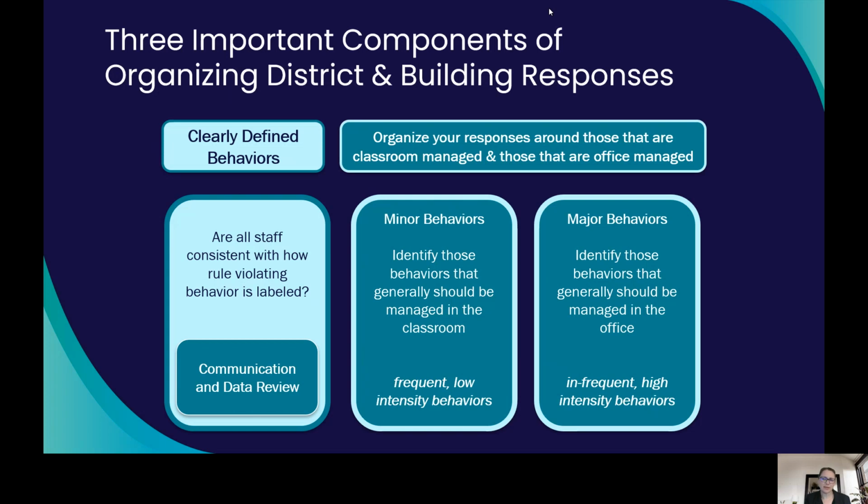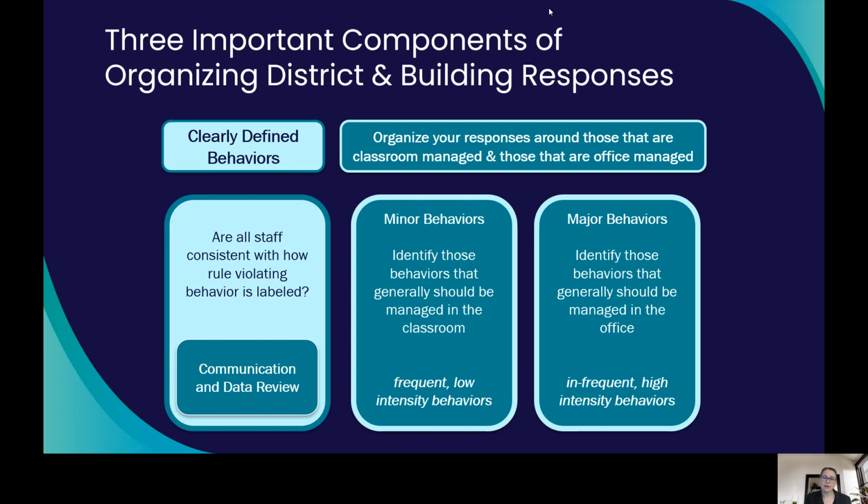Minors are low-intensity behaviors that happen more frequently. Minor behaviors include students talking while other students are talking, or 2 students arguing over whose turn it is to use the swing. While majors are more serious behaviors that tend to occur less frequently, such as harassment or physical aggression. Part of the process will be having conversations amongst your staff so everyone is on the same page.